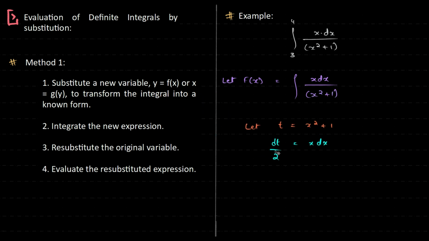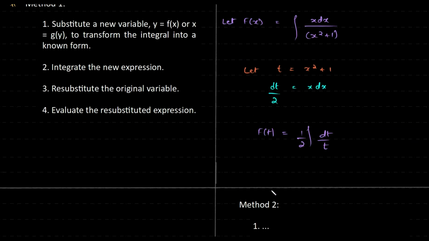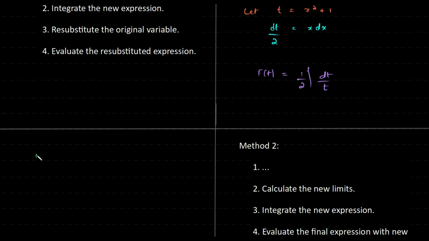Then we have this. Then f of t would be 1 by 2 dt by t. Then f of t is equal to 1 by 2 log, not lot, log t plus a constant.